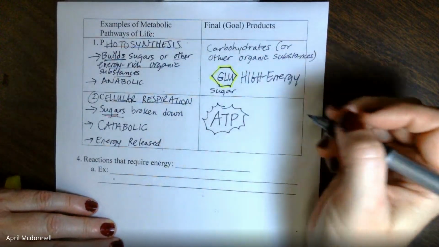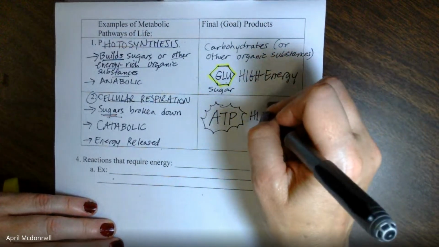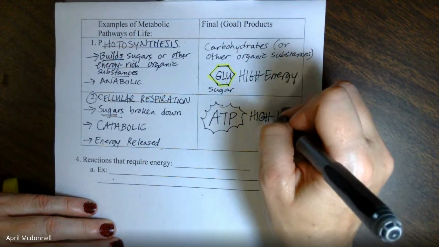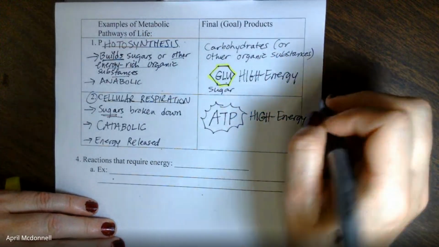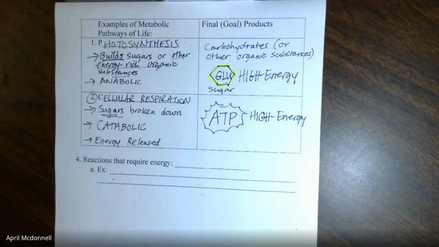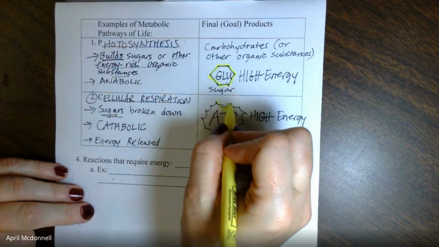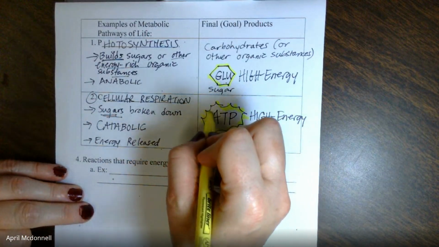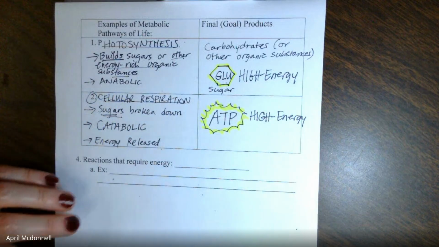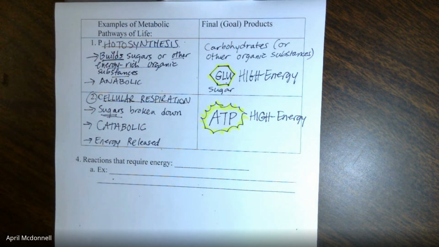We have not talked about ATP yet, but I will get to that soon in this presentation. Our cells require a very high energy molecule called ATP in order to continue to stay alive. ATP is going to be a very high energy molecule that is going to be produced due to the cell respiration reactions that occur.